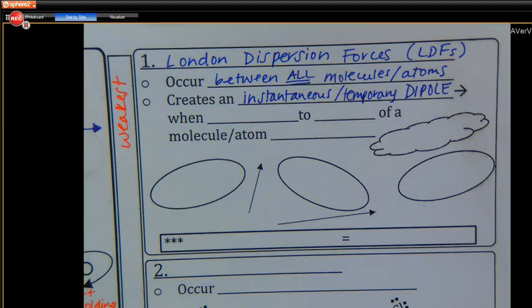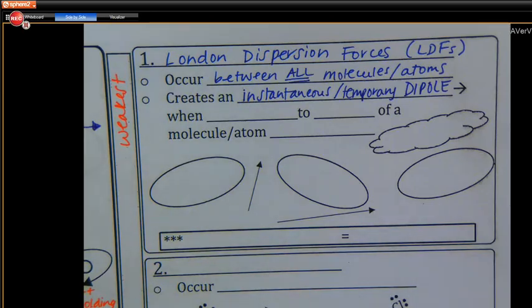which, when next to another molecule experiencing this same kind of phenomenon, there's going to be an attraction between the slight negative end of one molecule and the slight positive end of another molecule.